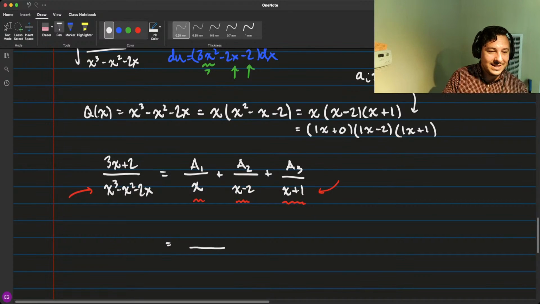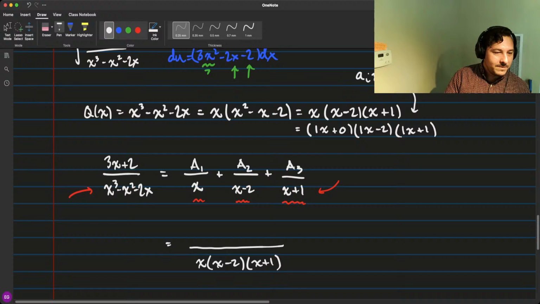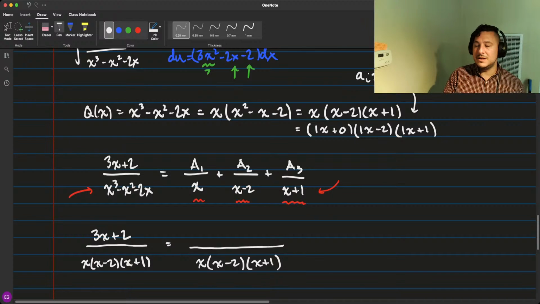So you want to put all those together and find that. So your LCD is literally x times x minus 2 times x plus 1. Because on the right-hand side, that's literally what that is, right? So the right-hand side, I already have that as my denominator. If you put them all together, they'll be equal.